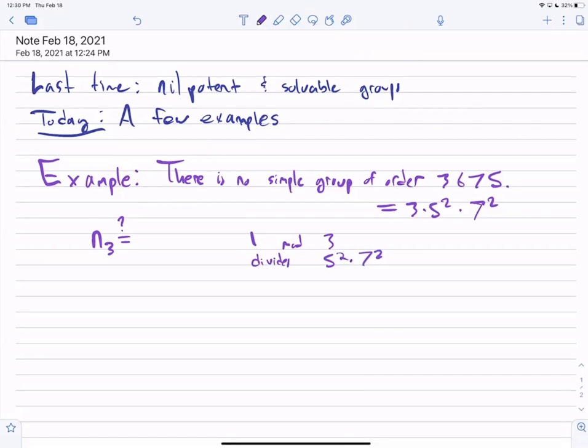Actually, I think we're going to need to do all of these. So Sylow 3 subgroups: it's going to divide 5 squared times 7 squared. 5 is congruent to 2 mod 3, and 7 is congruent to 2 mod 3. So we're going to need a product of these two.